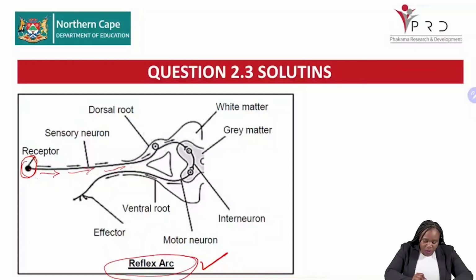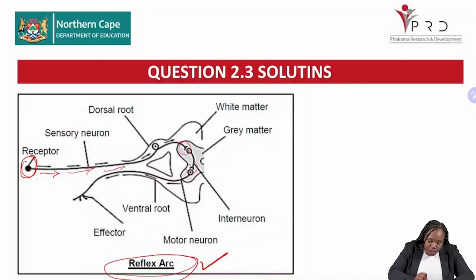Now, once you reach the central nervous system, indicate that we have the connector neuron, right? So where the motor neuron and sensory neuron end, you can show the connector neuron. You can also show the synapse over there, right? And then from there you can show the motor neuron, which leaves the central nervous system via the ventral root.